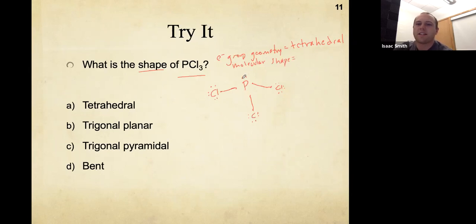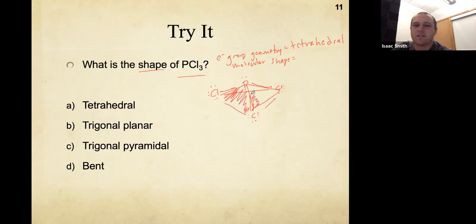And in this case, we need to ignore the lone pair, right? If we ignore the lone pair, this would look somewhat like a pyramid with a triangle base. Sorry, I'm drawing all over it, but hopefully you can see the pyramid there.